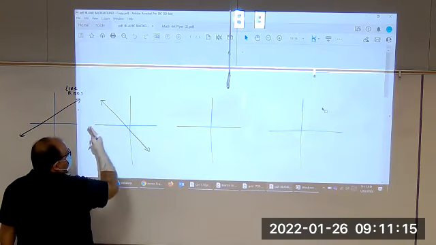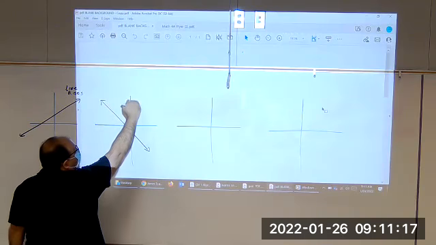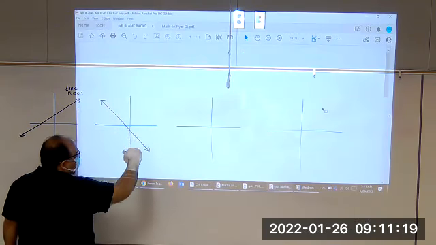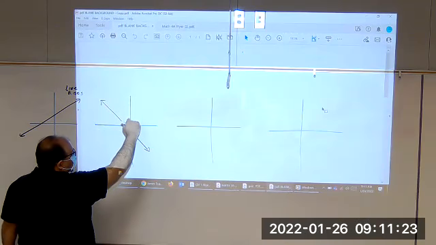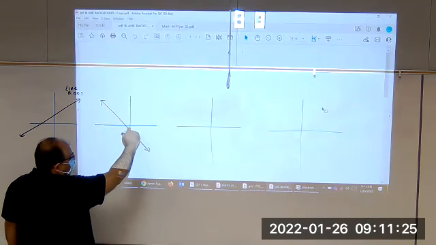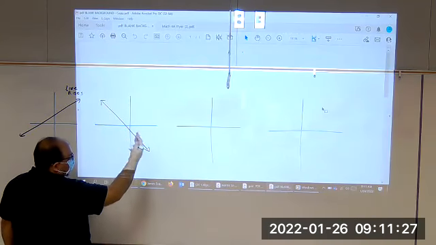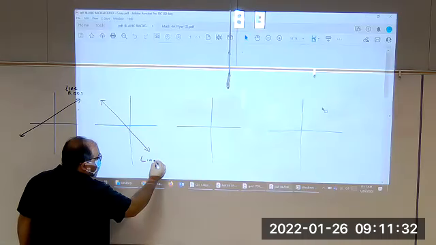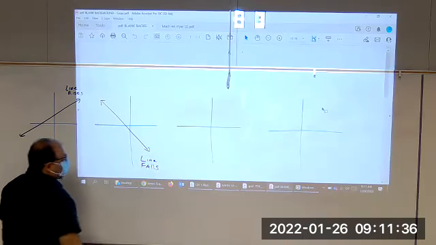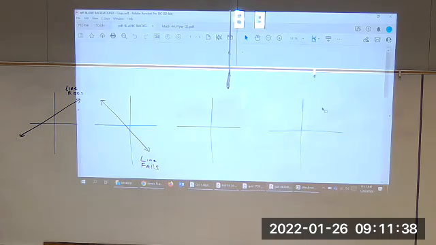But the y's, as you go from left to right, get smaller. Y is a 10, y is a 6, y is a 4, y is a 1, y is a -1, y is a -5, whatever. The line falls as you go from left to right. So we have a line that rises and a line that falls.